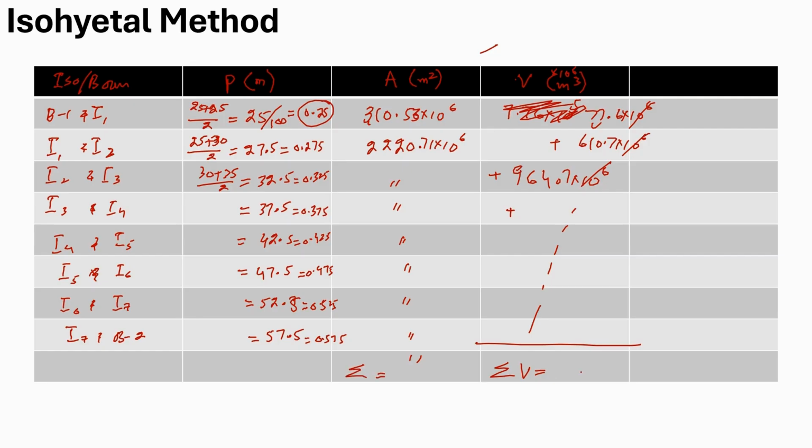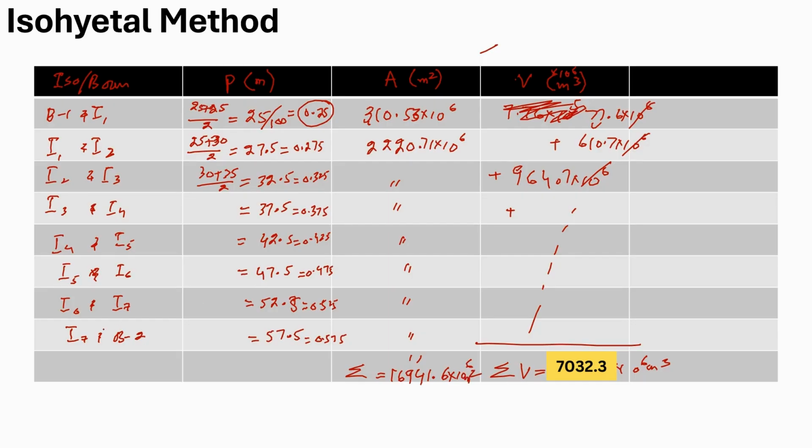When we sum up the volume, we get an answer of 703.23 cross 10 raised to power 6 meter cube, and for the area we get an answer of 16941.6 cross 10 raised to power 6 meter square.